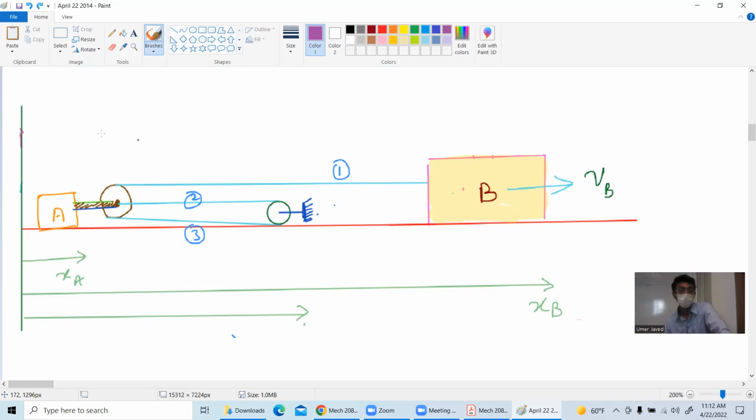So put a reference line on a stationary frame of reference in either direction of the two masses. I put it extreme to the left and I used XA. Now there are students asking, should we make XA to the center or till here or till here? It depends entirely upon you. In this problem I am making it at the end of A. For all of them, I am defining X till the end of the mass.